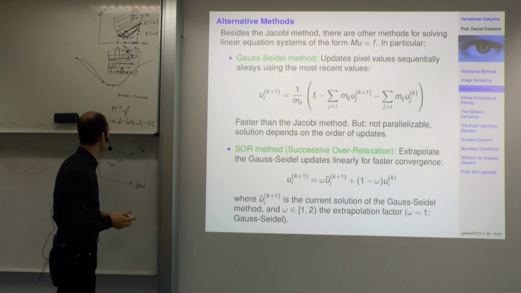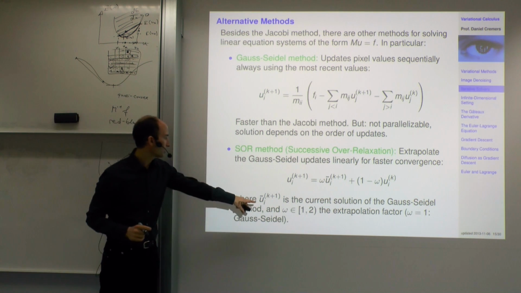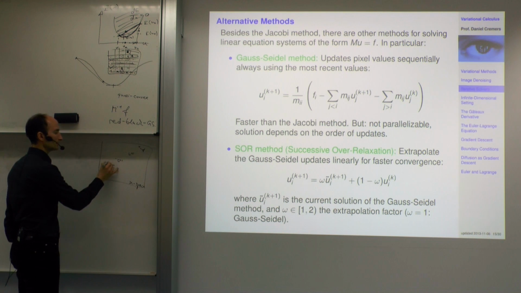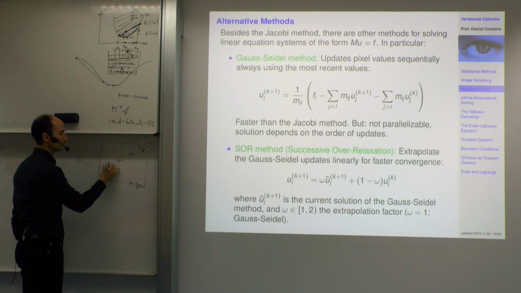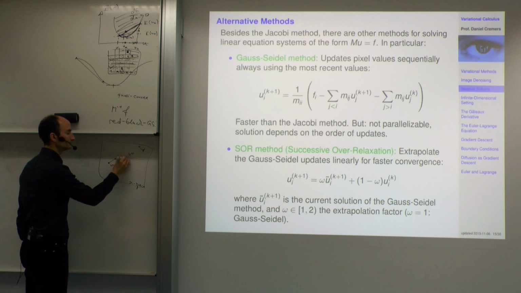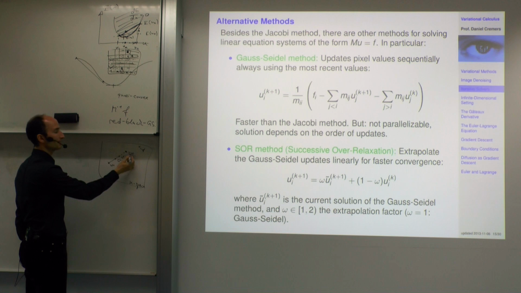So, very simple strategy. If this is the update of the Gauss-Seidel, here I call the Gauss-Seidel update U bar, so this is U bar. Then I say, well, the algorithm told me from the last solution to the next one I should go here. Why don't I go a little bit further and take that as U1? And then Gauss-Seidel tells me U2 is here. U2 bar is the update by Gauss-Seidel.